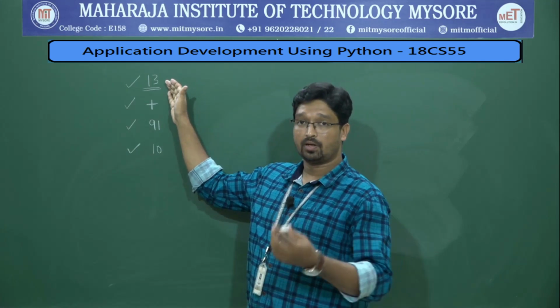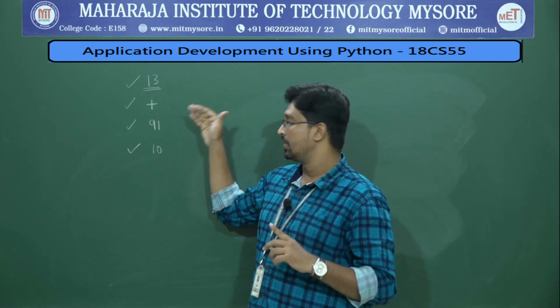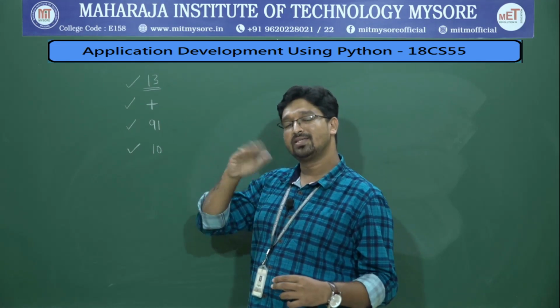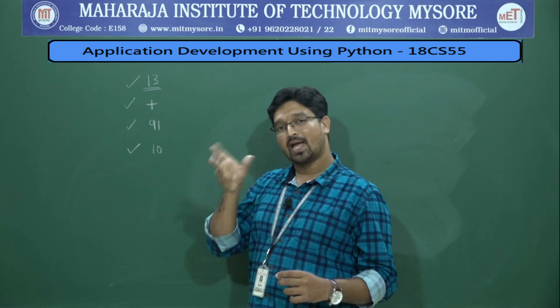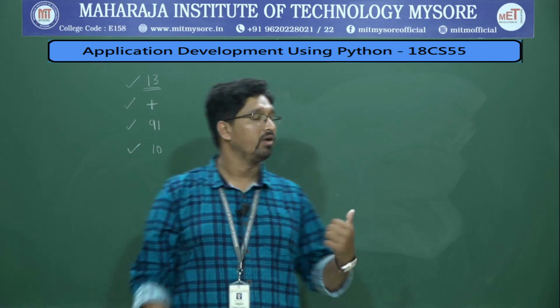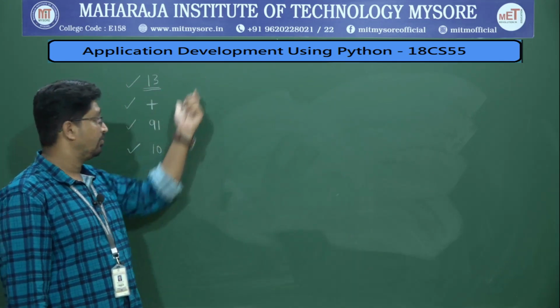First is the length of the input string. Then we check whether the first character is the plus symbol. Next we check that the other two characters are 9 1. Then we check whether all the remaining characters are digits. This is how we perform the checking of a mobile number.